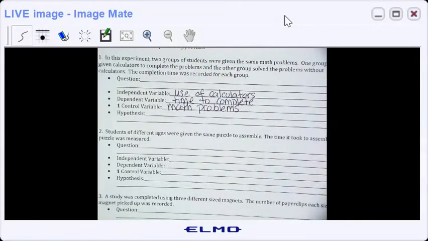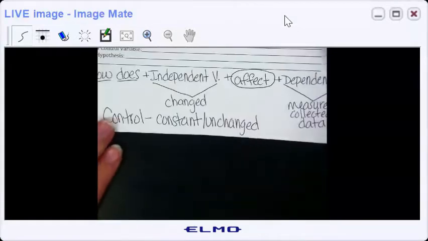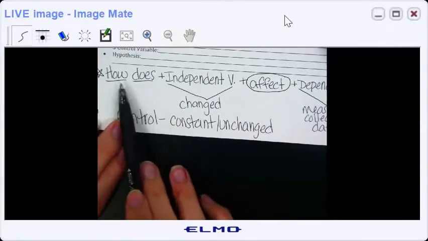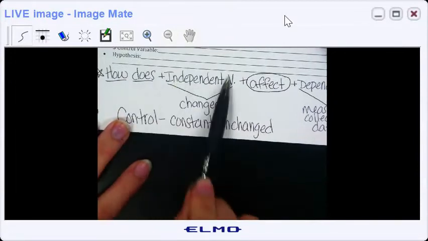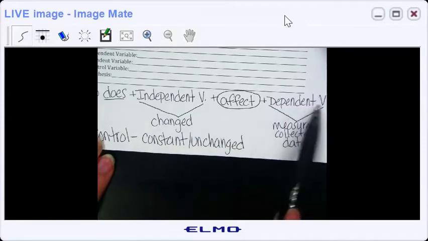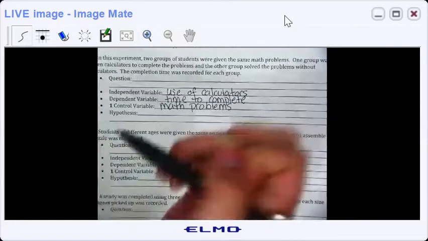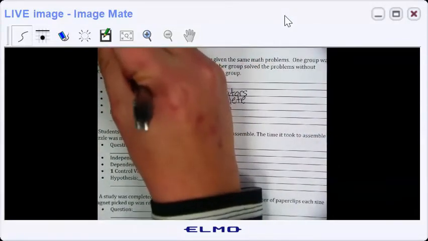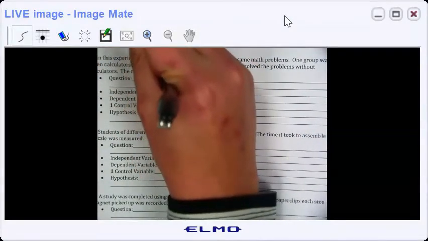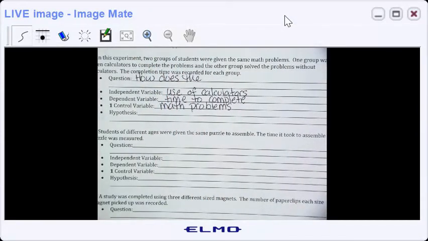Now, what I like to do next is I like to write the question because we wrote it down at the bottom in our helpful hints. So remember, our questions start with how does, then we write our independent variable, which we figured out, affect, and then our dependent variable. So remember, again, questions start with how does. And then for both questions and hypotheses, we always write the independent variable first.